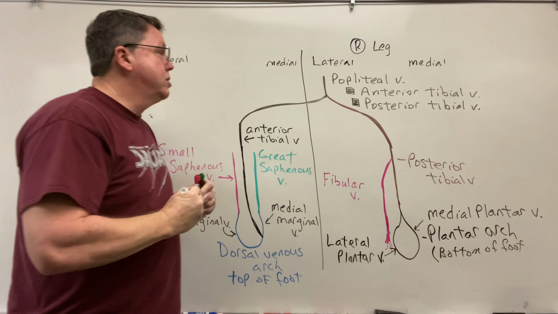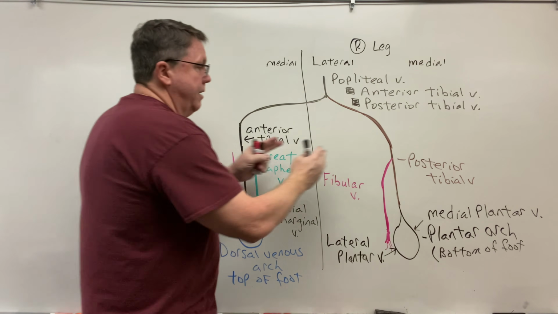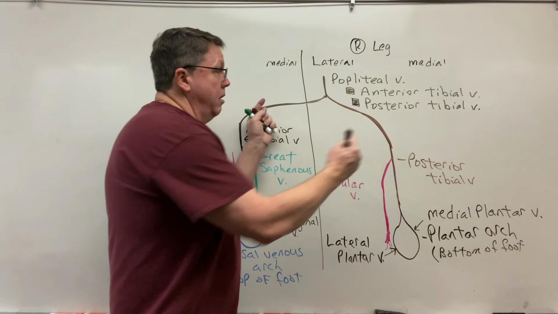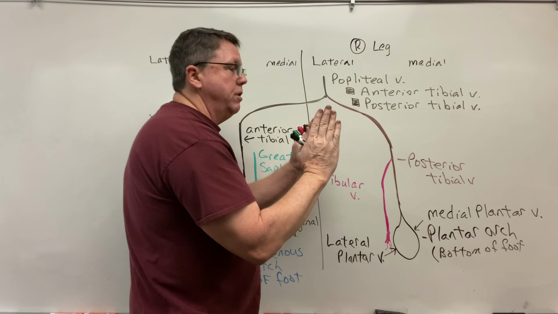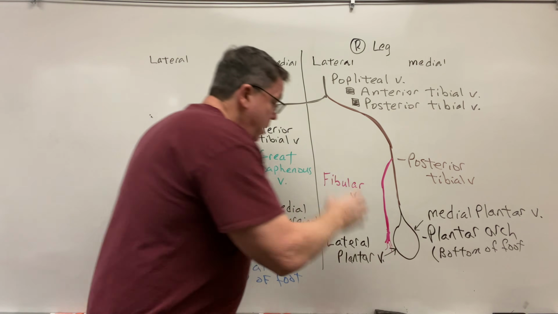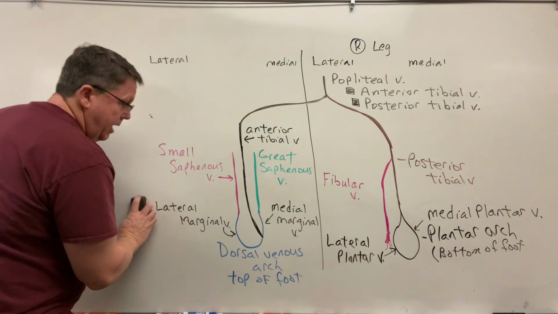Okay, so once again, if this is on top of this, they're not going from right to left coming together. It's one in front, one in back, and they come together to form the popliteal vein. So let's go ahead and erase this.